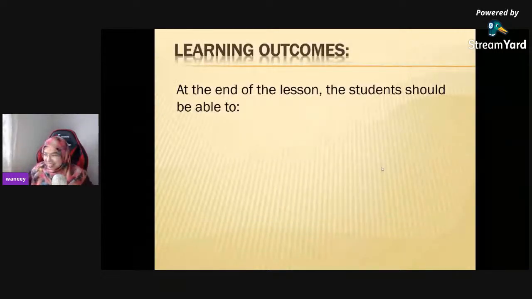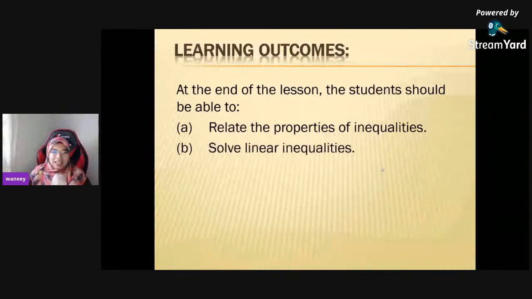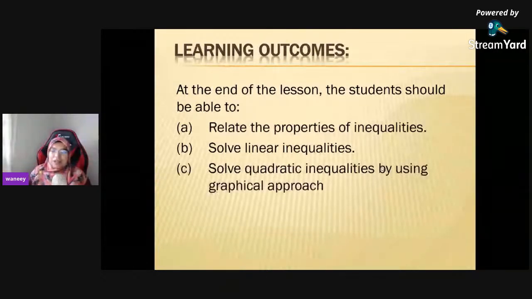Okay, so learning outcome. At the end of the lesson, you should be able to relate the properties of inequalities and then solve linear inequalities, and solve quadratic inequalities by using the graphical approach. So we're going to sketch the quadratic graph and then see how we are going to solve them.